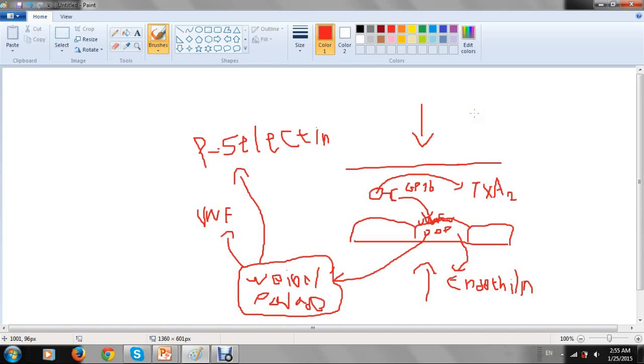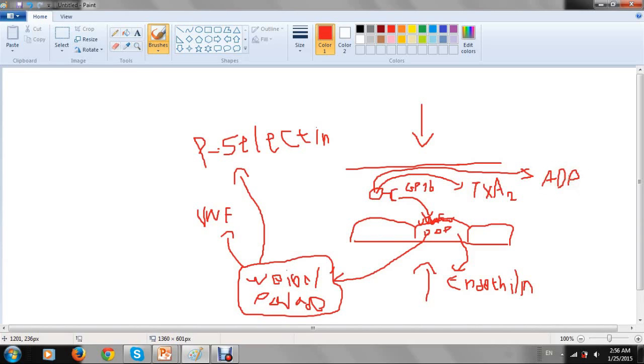I will elaborate on cyclooxygenase in a different lecture, but for the purpose of this lecture, let's just say it's a derivative of cyclooxygenase of platelets. So platelets will degranulate, they release thromboxane A2. Thromboxane A2 promotes platelet aggregation, and the second mediator that is released is called ADP.